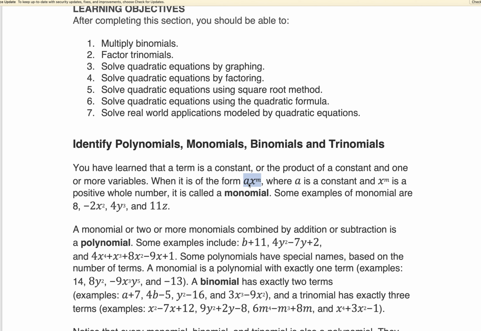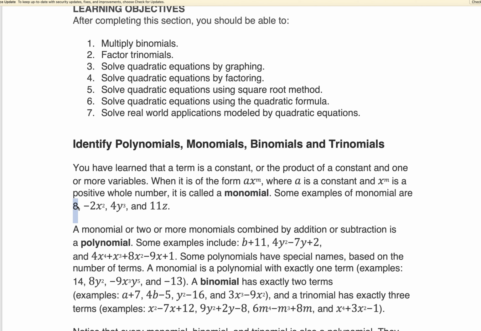A is a coefficient, and x is a variable, x raising to the power of m. That is a single term. Very simple. And when a polynomial only has a single term, simply it is called a monomial. And these are the so-called monomials.